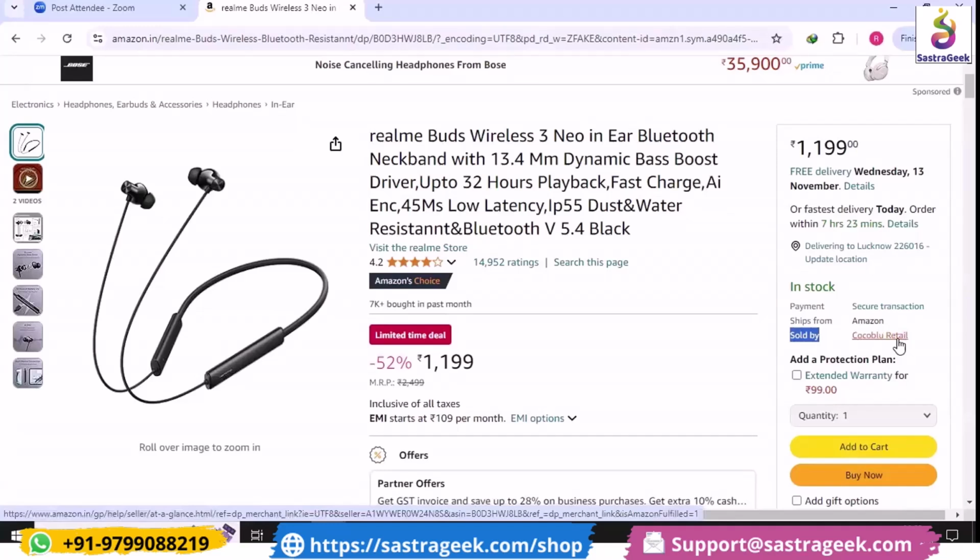Now, there are two possibilities with this retailing company. Either he will be the one who will be shipping the goods. In that case, I will be calling this Coco Blue Retail the shipper because he's the one who is actually shipping the product. There could be another chance that maybe he's not doing that part. Maybe he has outsourced it, or maybe he has made a pact with Amazon, or maybe Amazon gives some concession, like if you ship it from me, I'll give you some discount or something. Basically, Amazon is doing it on behalf of that seller.